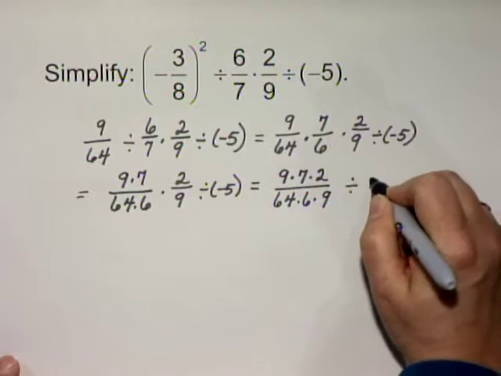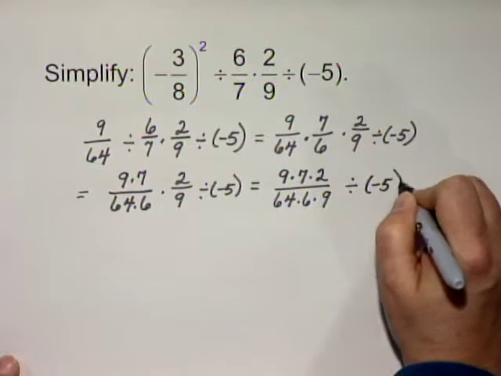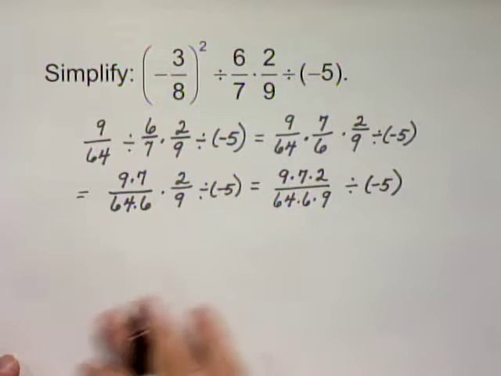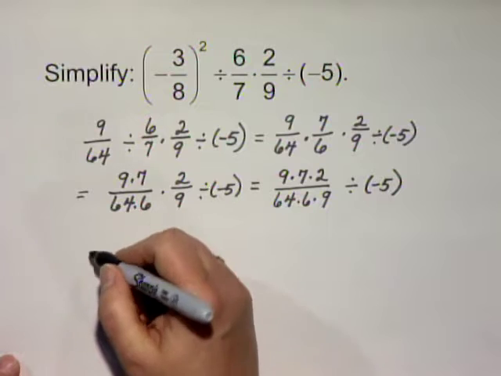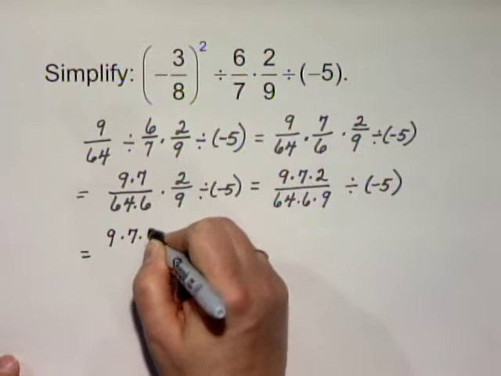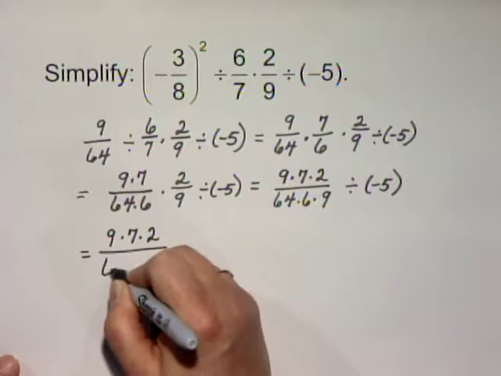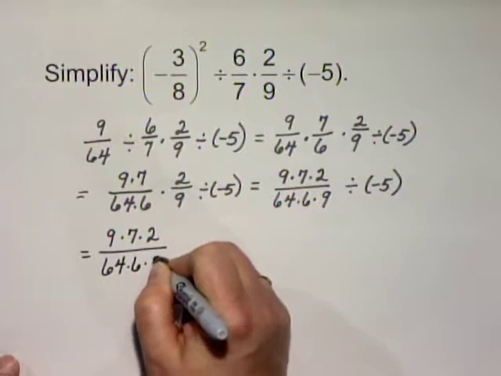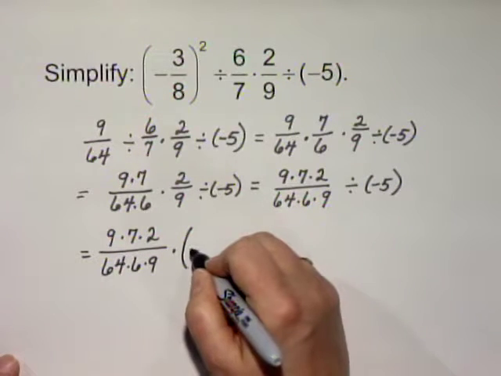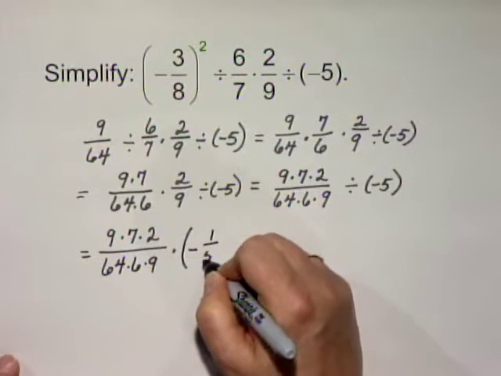And I'm left with one division, and that is I need to divide by negative 5. To divide by negative 5, I multiply by the reciprocal of negative 5, which would be negative 1/5. So let me write that out. My 9 times 7 times 2 over 64 times 6 times 9 times the reciprocal of negative 5, which is negative 1/5.